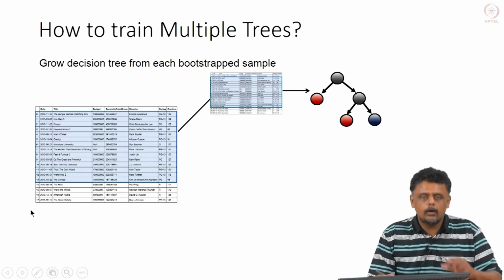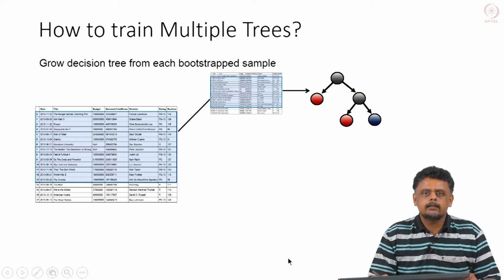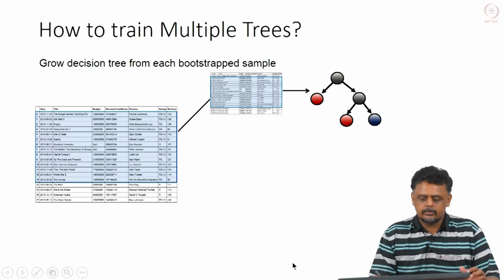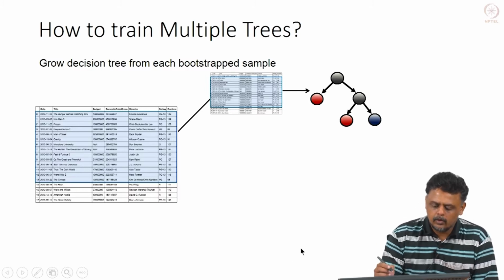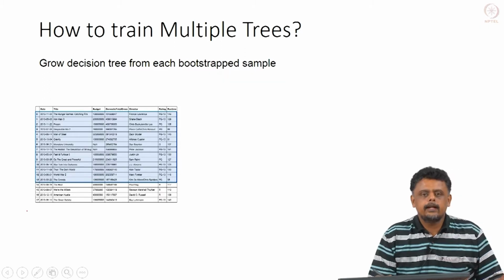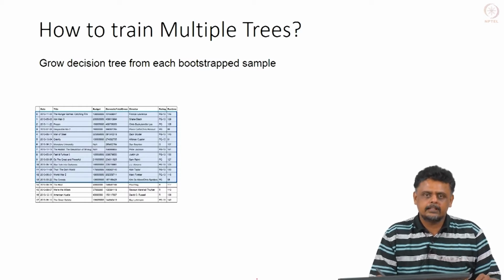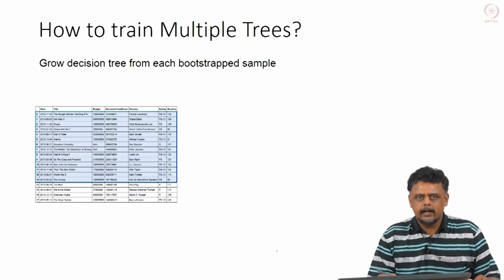The way we go about bootstrapping is to select a subset of this data with replacement. The blue area is the sample data. The idea behind bootstrapping is to sample your given data with replacement to create a new data set.